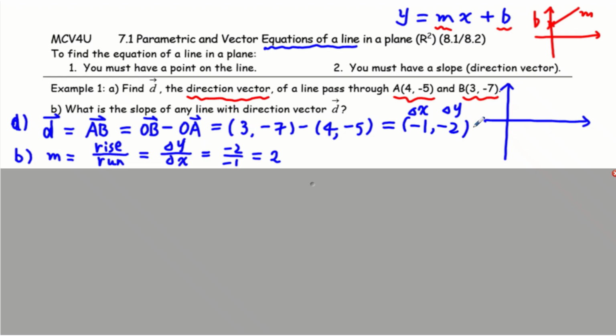So if we have point A is 4, negative 5 here, and 3, negative 7 here, the equation of this line, we could write it as 1 point plus a direction vector. So this is point A. Then we just add any vectors to that.